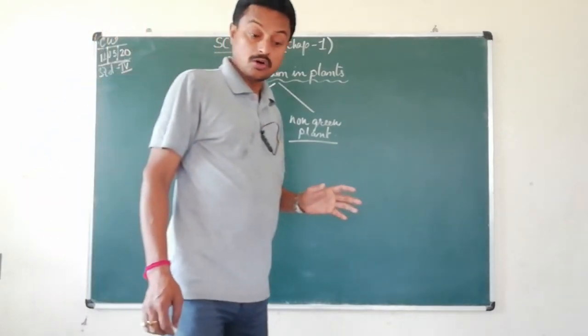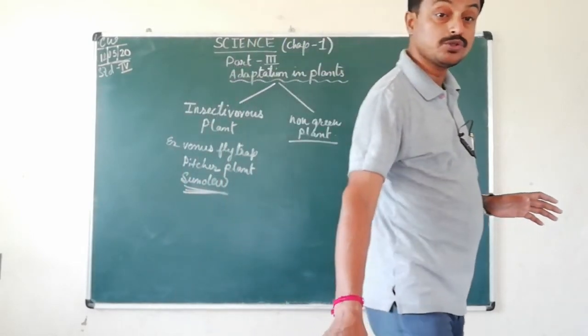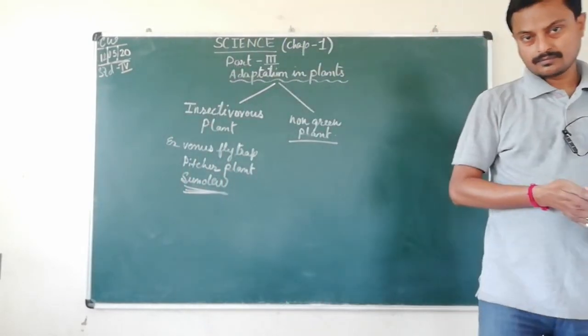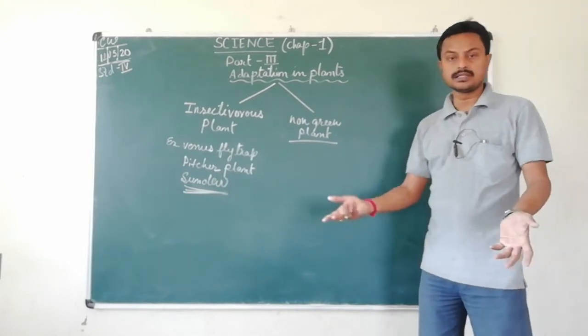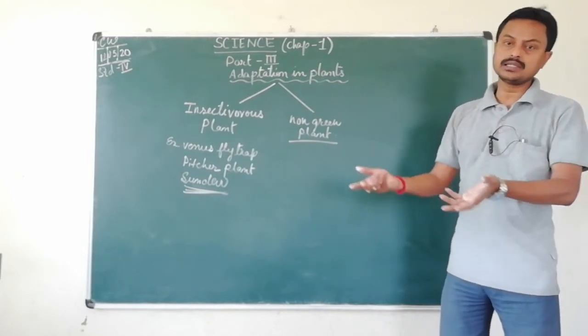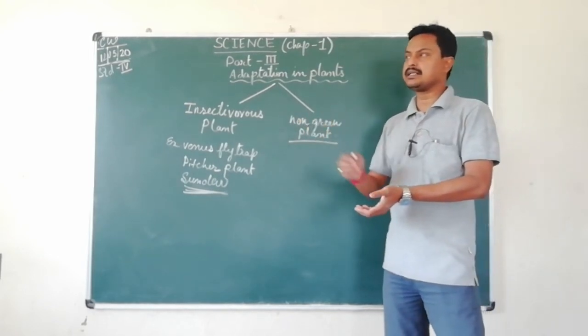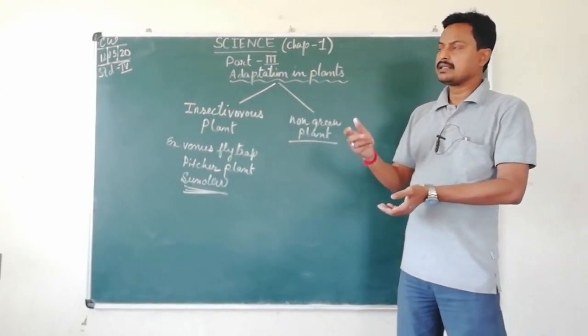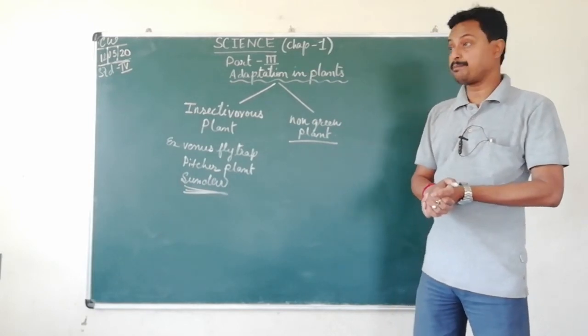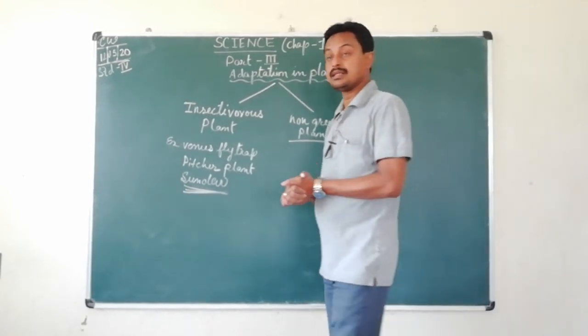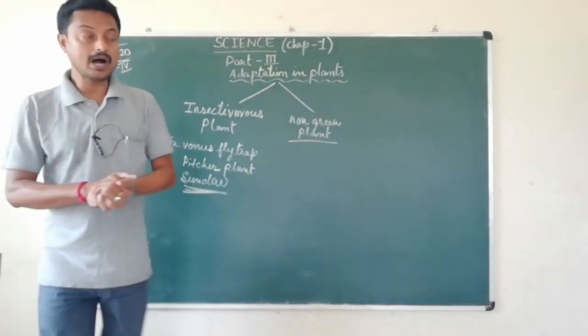So they do not have the power to produce their own food. Now, if a plant doesn't contain chlorophyll, then how will they produce their own food? How will they survive?